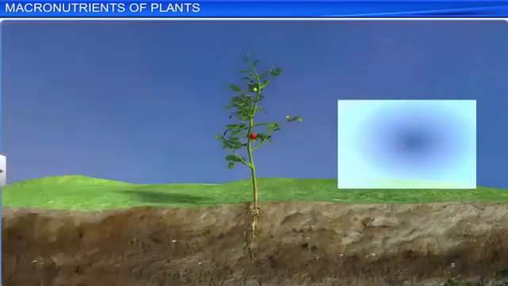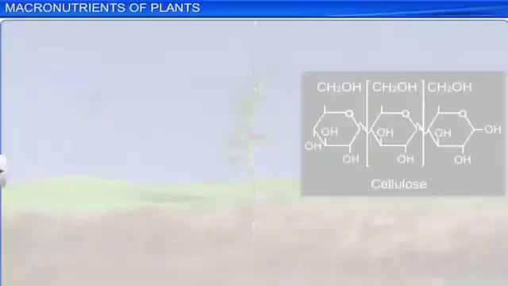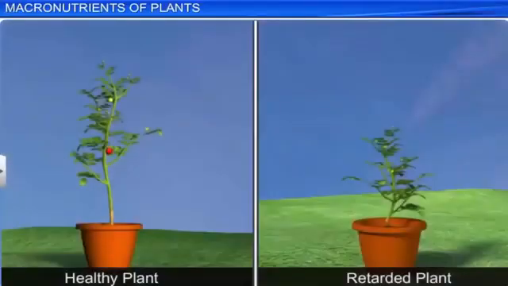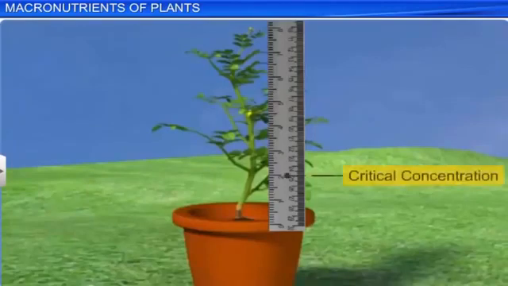They are used as building blocks, and their unavailability leads to retarded development of the plant. The concentration of essential elements below which plant growth is retarded is termed as critical concentration.